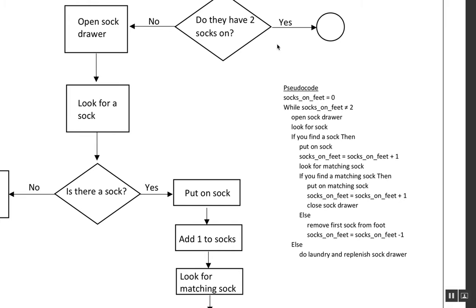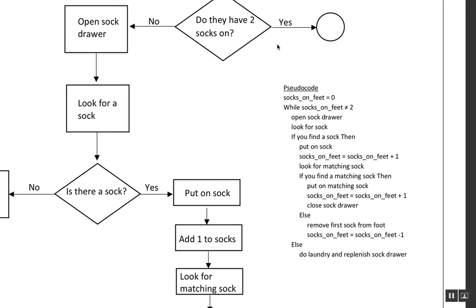If you find a sock, then put on sock. Socks on feet is equal to socks on feet plus 1. Look for matching sock. If you find a matching sock, then put on the matching sock. Socks on feet equals socks on feet plus 1. Close sock drawer. Else, remove sock from foot. And socks on feet equals socks on feet minus 1.